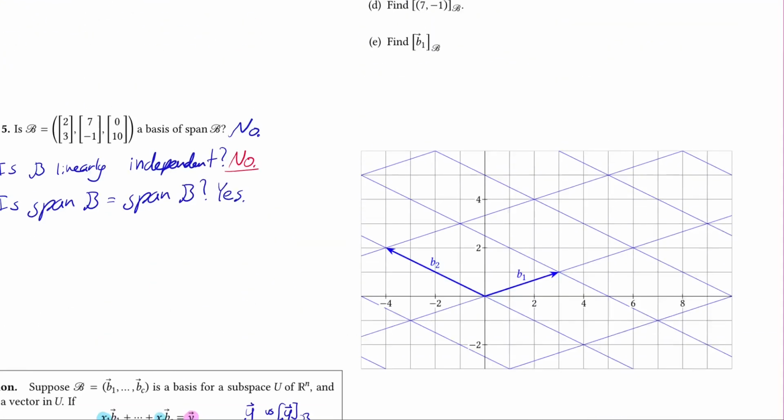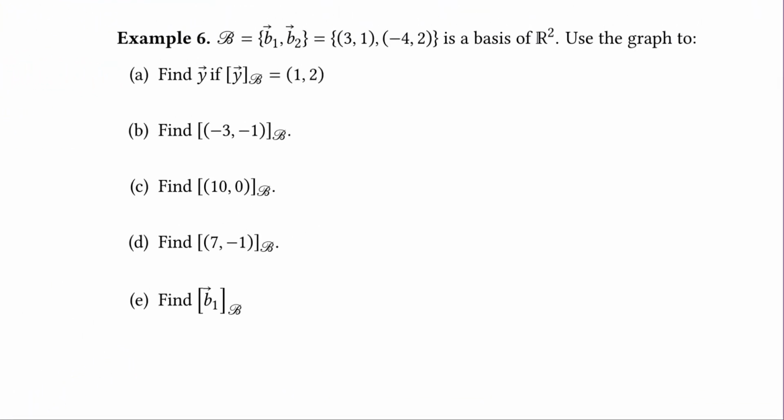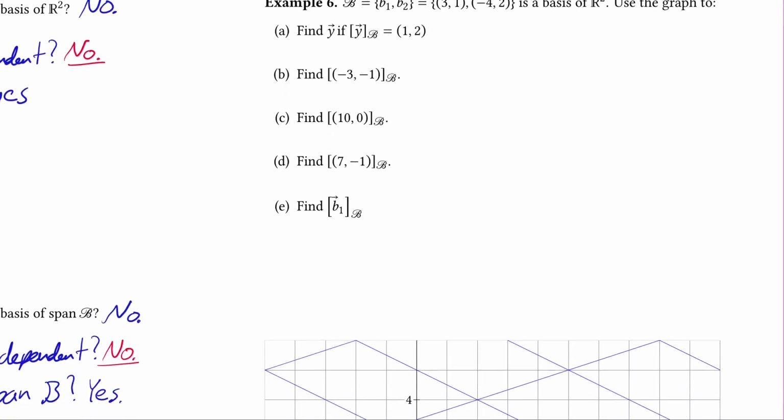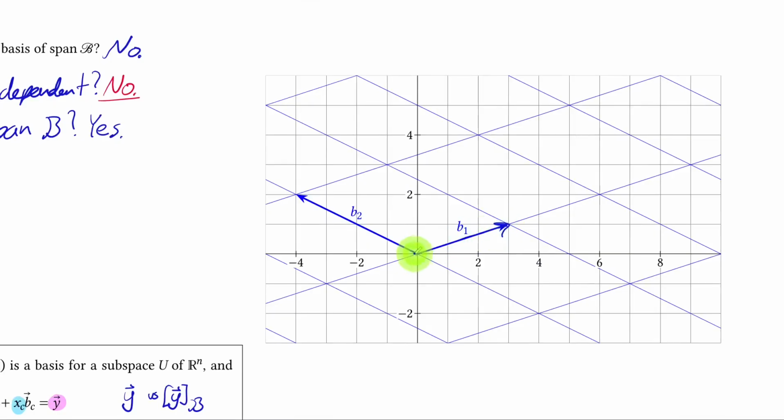Okay, let's look at example 6. So we have a basis of two vectors, (3, 1) and (-4, 2). That is a basis of R2, and we can see that on the graph. Here's (3, 1). Here's (-4, 2).